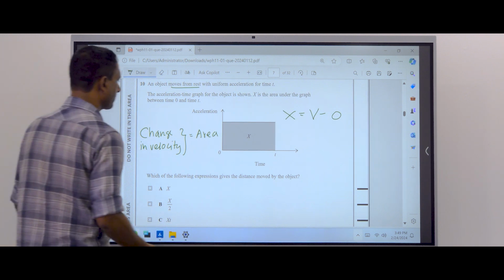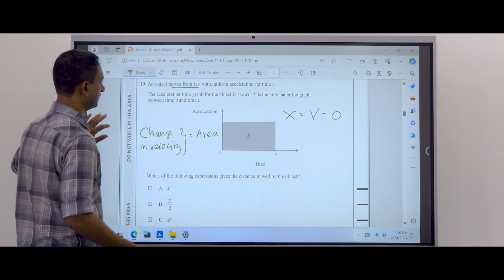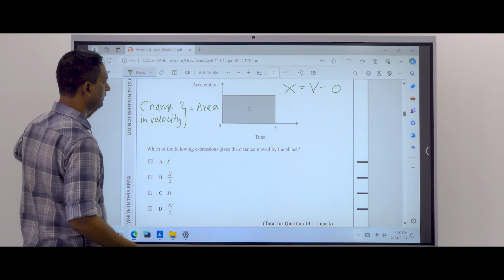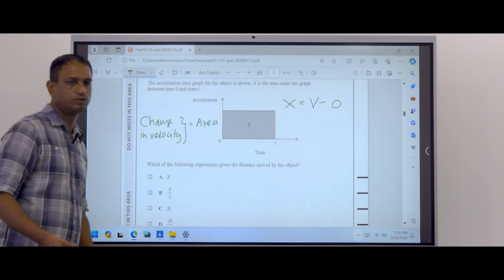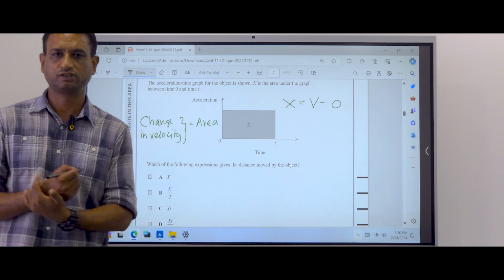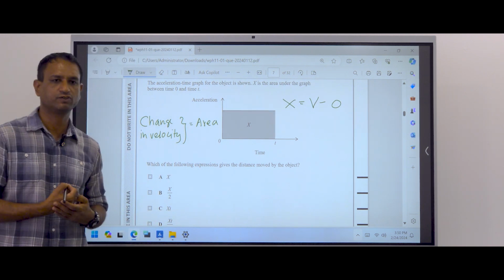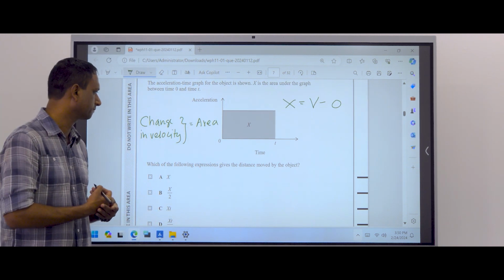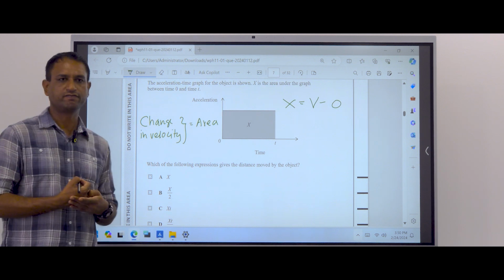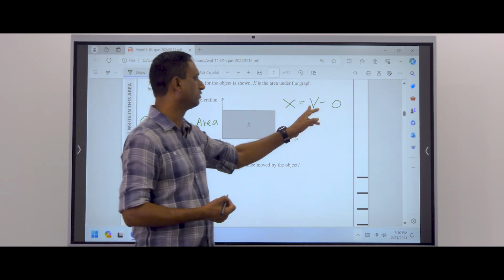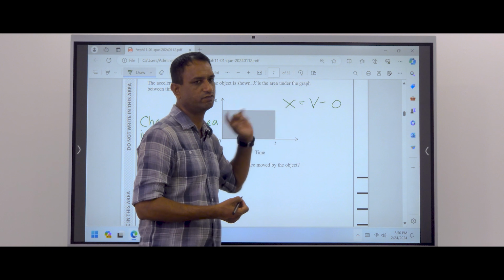How do we find the distance? This is not a constant velocity. If it were a constant velocity, velocity multiplied by time would give the distance. Here we found the change in velocity, initial velocity 0 and final velocity v.